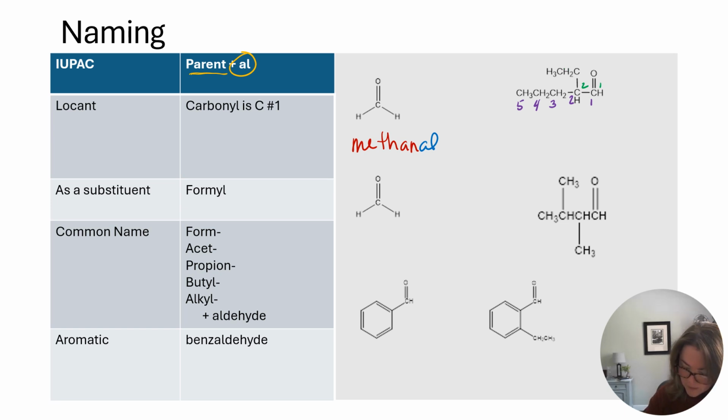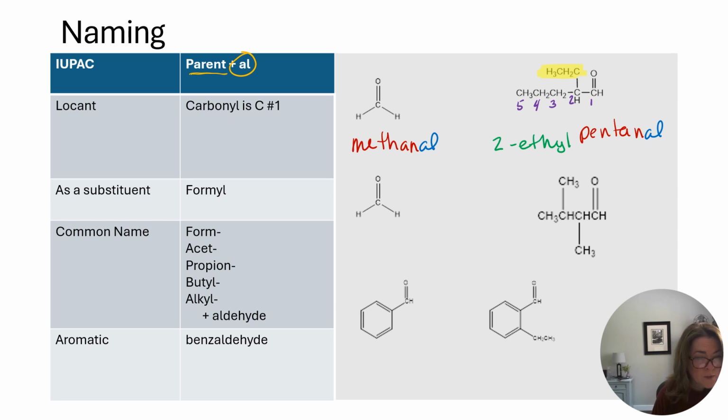I have an aldehyde with 5 carbons, so that is going to give me a pentanal. And now I have a substituent. I've got an ethyl group right here on carbon number 2. And so that is going to give me a 2-ethylpentanal.